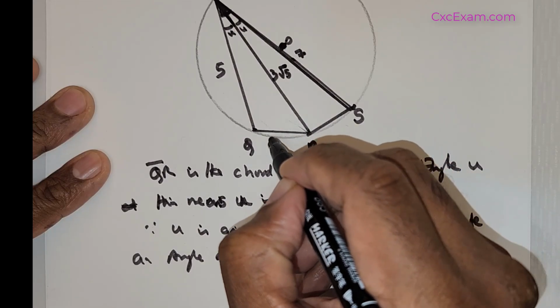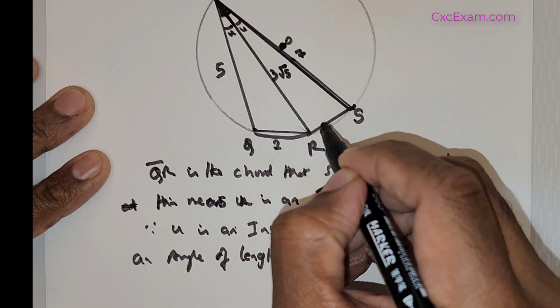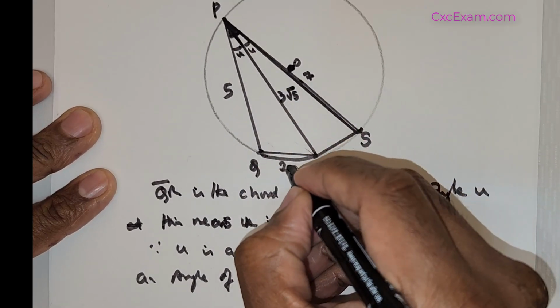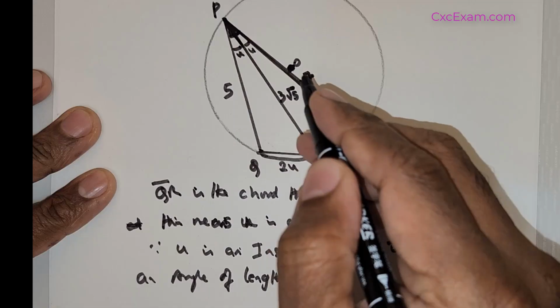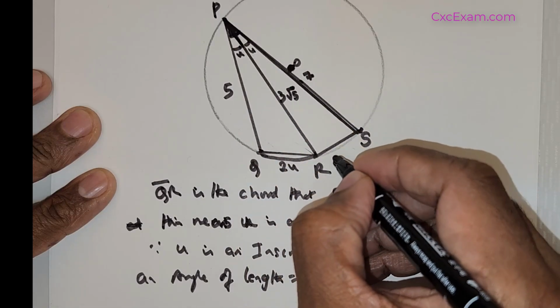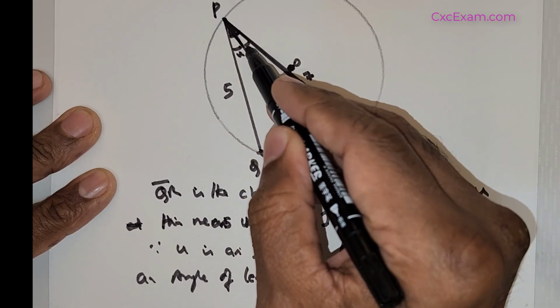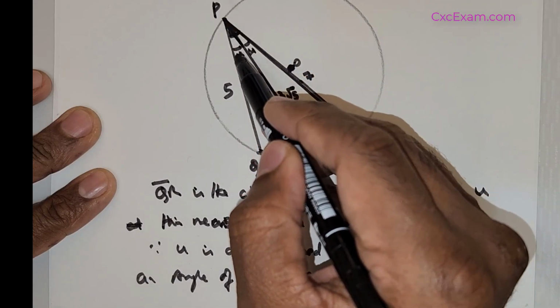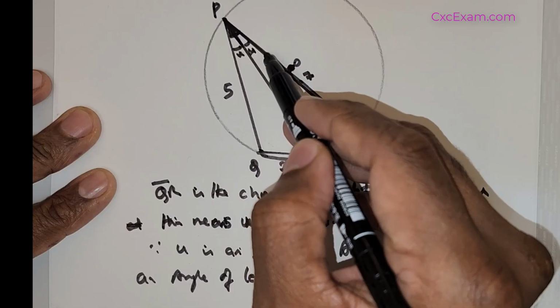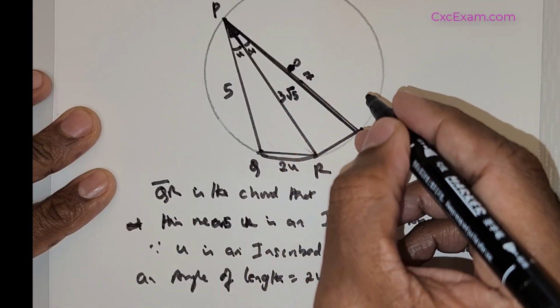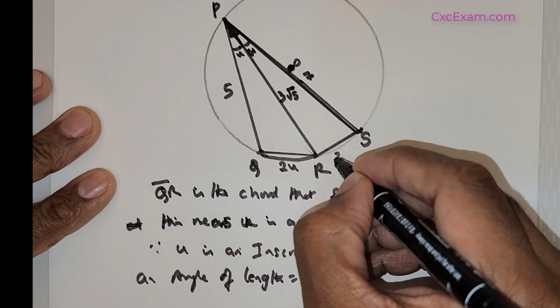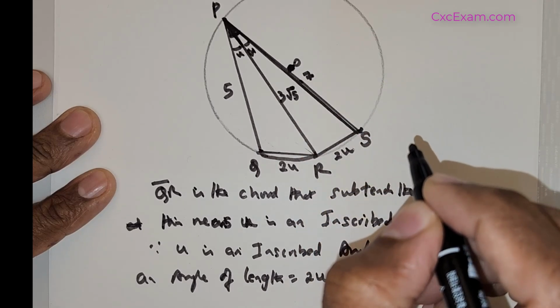So this arc created by the inscribed angle will be of length 2u. So similarly, this is also going to be u. As I mentioned to you, the angle over here and the angle over here are one and the same. So this is also going to be of length 2u.